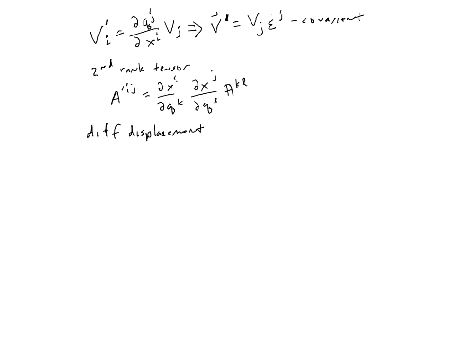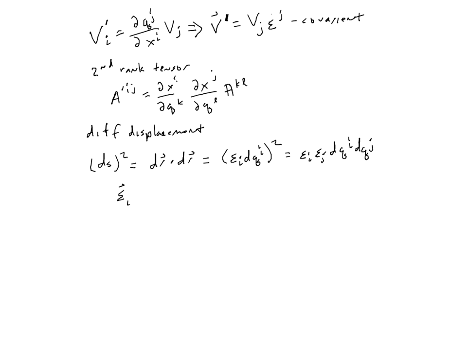And the differential displacement is basically ds squared, which is equal to taking dr and dotting it with itself, which is equal to taking epsilon i dq i and squaring it. So it's equal to epsilon i epsilon j times dq i dq j.